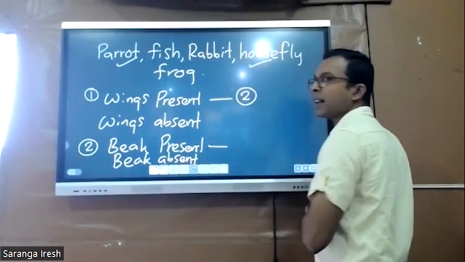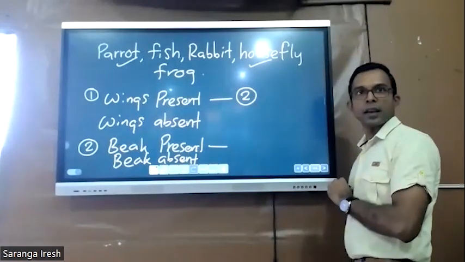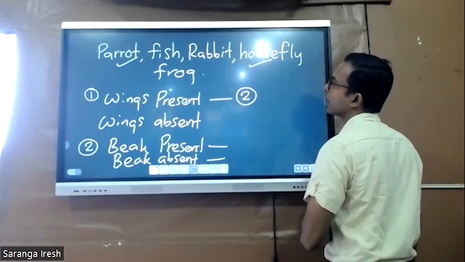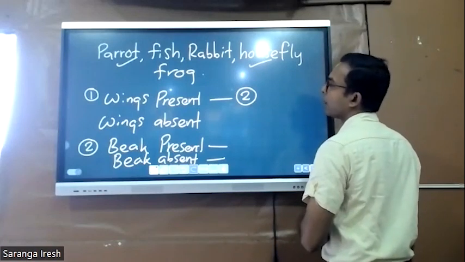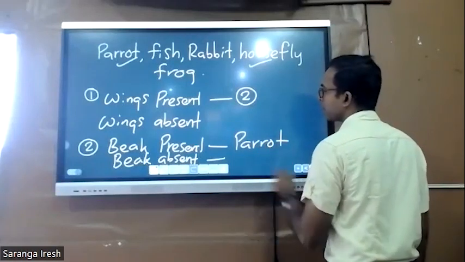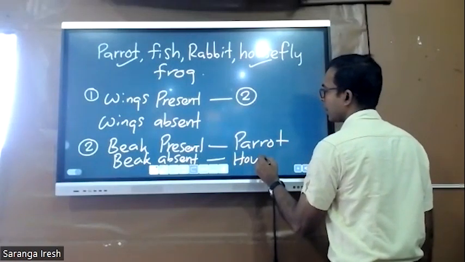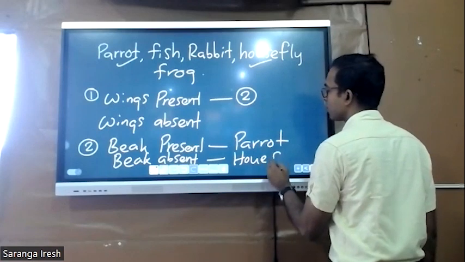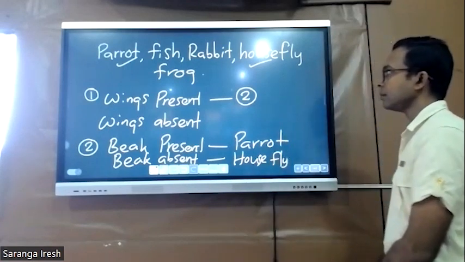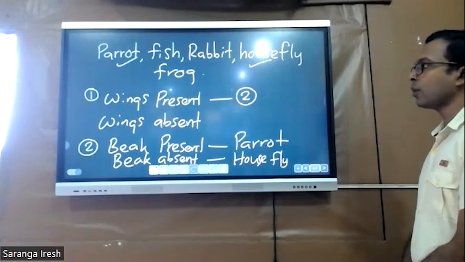Can I write the direct names? Yes, I can write the direct name. Beak present: parrot. Beak absent: housefly. Right. So they are now classified.